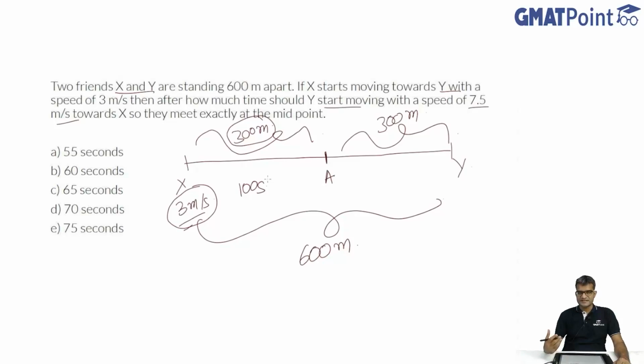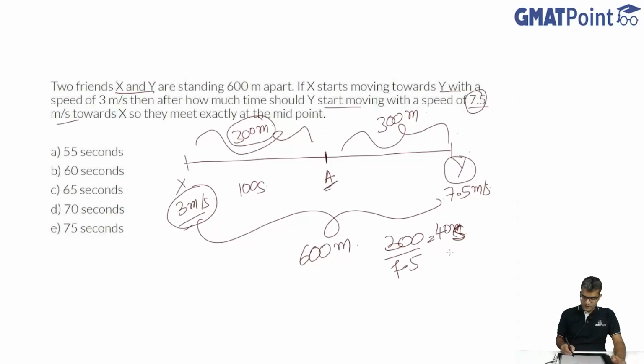Y, if he starts at the same time as X, because he is moving at 7.5 meters per second, the time taken by Y to reach the midpoint A will be 300 divided by 7.5, which is equal to 40 seconds. Y will reach the midpoint in just 40 seconds. X will reach the midpoint in 100 seconds.